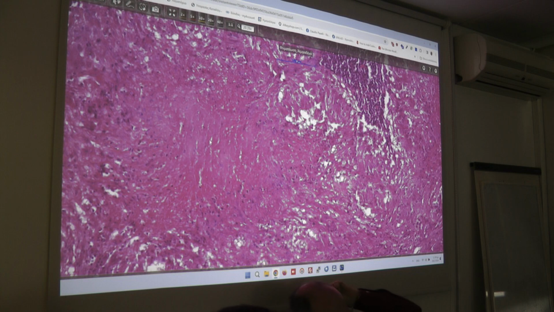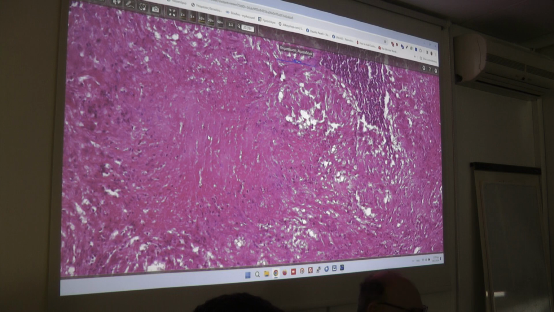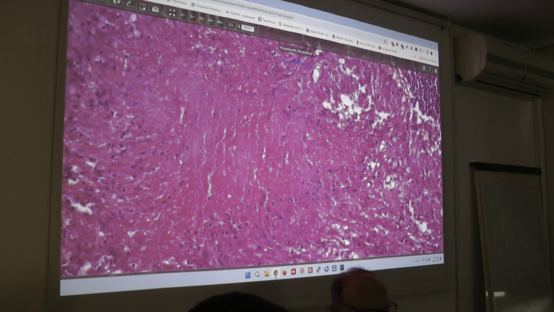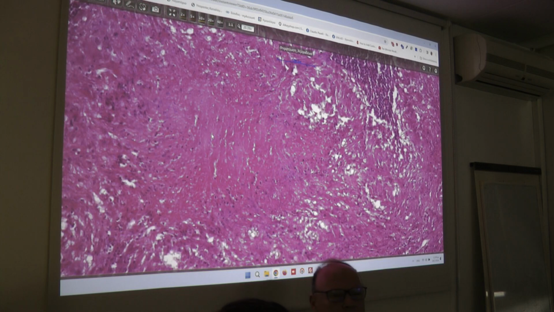Anybody can tell me. What do you think? Yes, please. It's collagen deposition. One thought, because it stains with eosin, it's to be collagen. But collagen should form fibers. This does not have such a structure. It's too homogeneous, I'd say. Let me remind you what eosin stains.